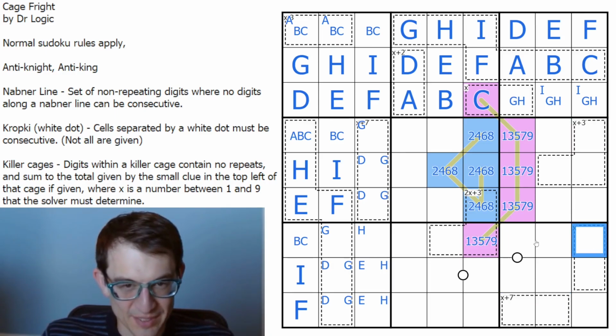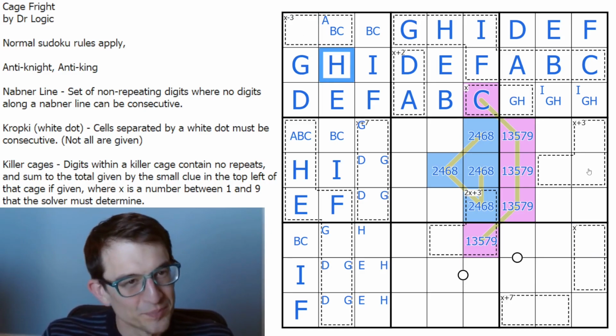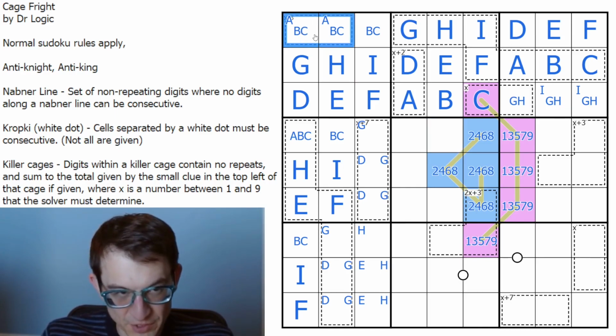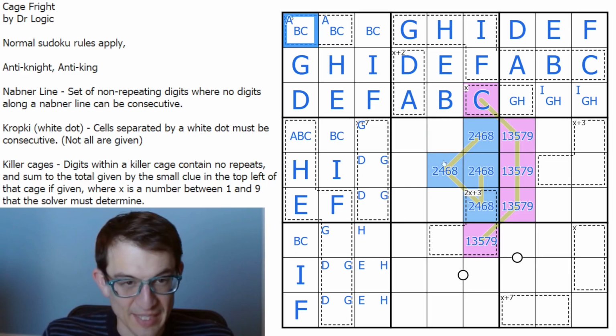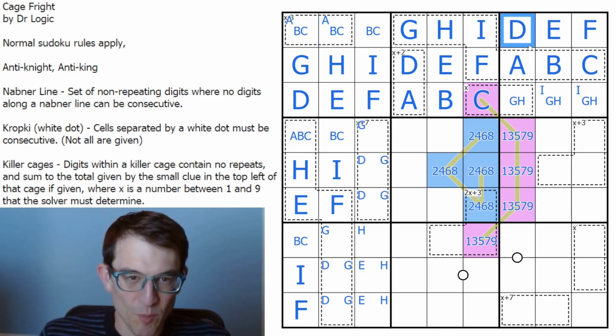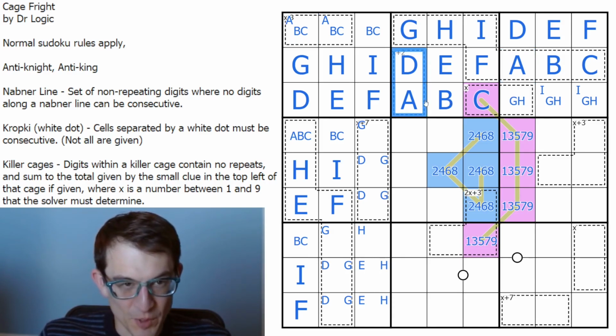These are pluses. This is minus. So this is x minus 3, which you can't really see because my marking's here. So the lowest this whole cage could be is 3. So the lowest x can be is 6. So x is either 6, 7, 8, or 9. And I'm wondering if at some point I'll be able to say whether it's even or odd.